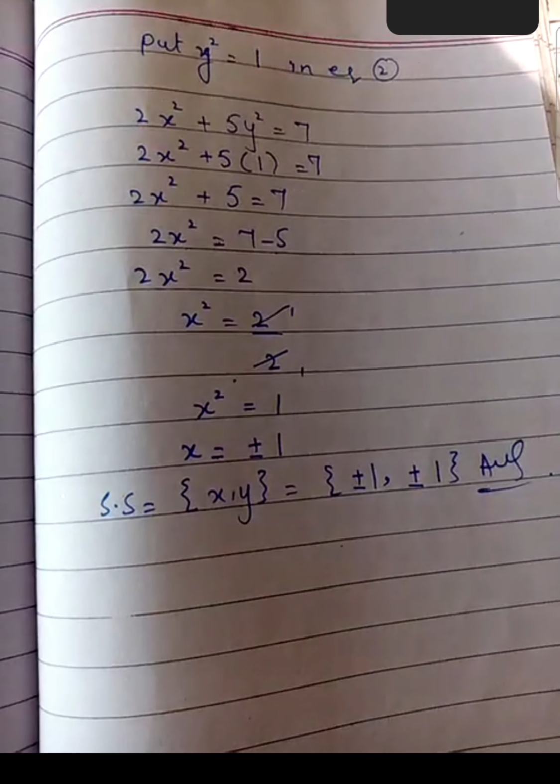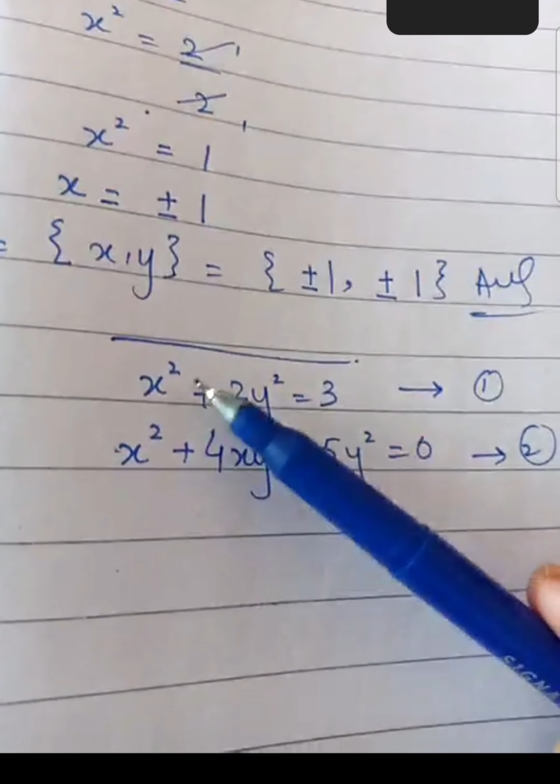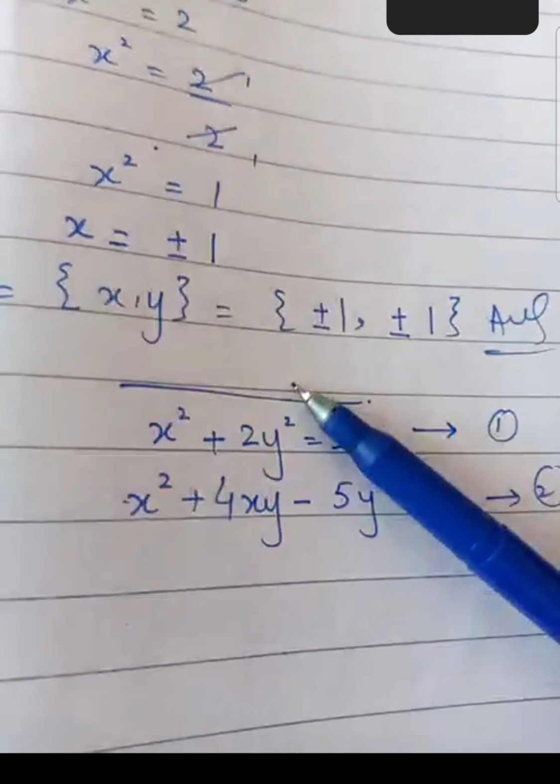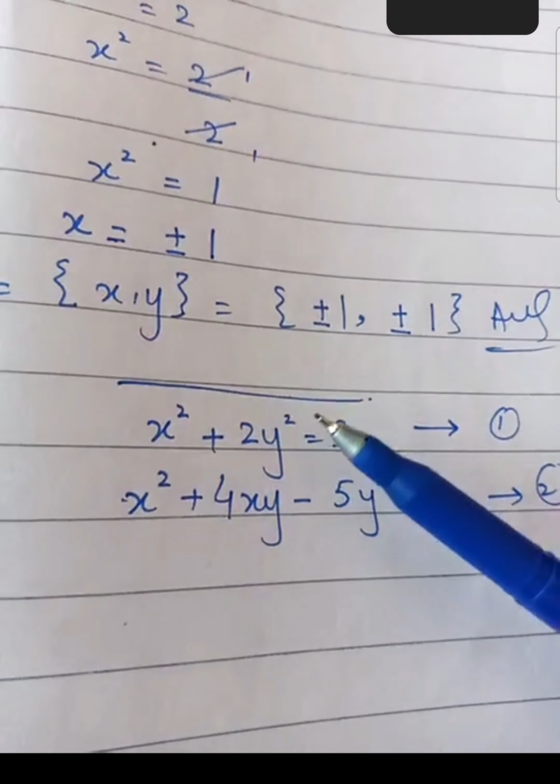Done? Okay. Now we come towards the next question. Okay, beta, now look, in the previous equations, we had x square, one coefficient of x square, and the other one was of y square. But here we have x square, y square, but this term is extra, 4xy.